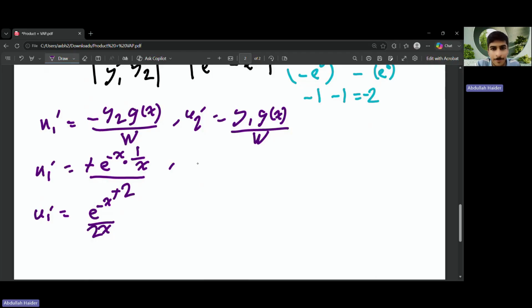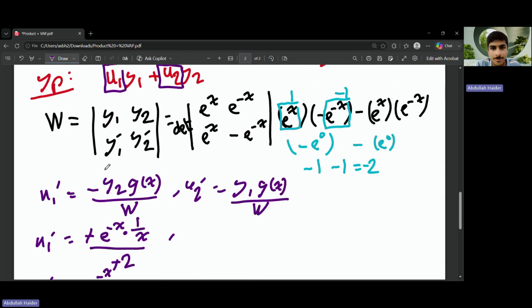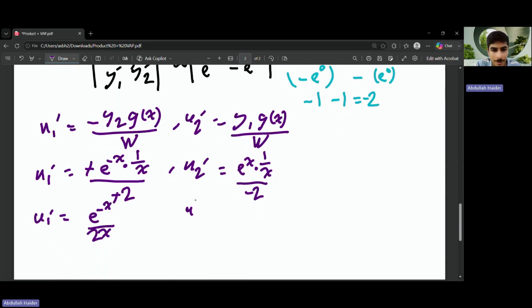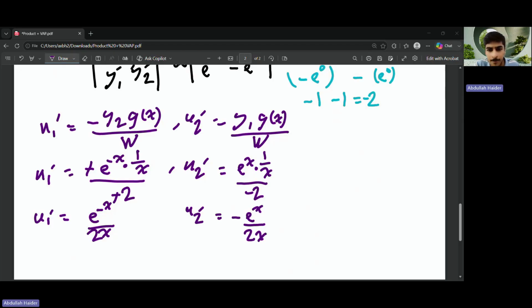And then here, your y1 is e power x, so u2 prime is equal to e power x, and then the g of x is 1 over x, over the Wronskian, which is negative 2. So in this case, your u2 prime will be minus e power x over 2x.